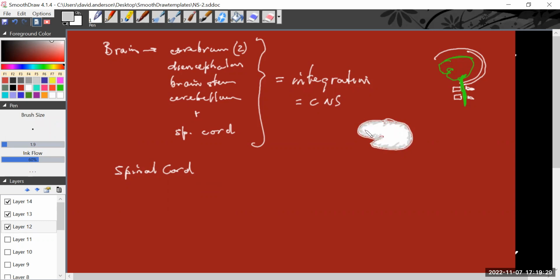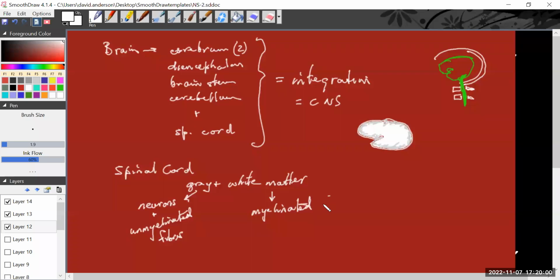When we look at the spinal cord, we're also going to see gray and white matter. And the gray matter is neurons, and that applies to the cerebral hemisphere as well. Neurons and unmyelinated fibers, and the white matter is myelinated fibers. And you know, I mean nerve fibers when I say fibers, right? Everybody's good with that.